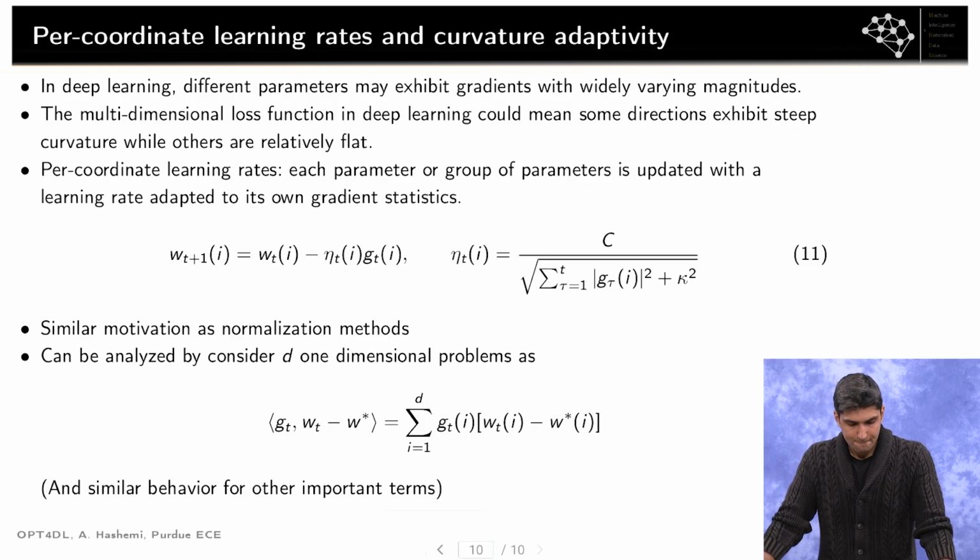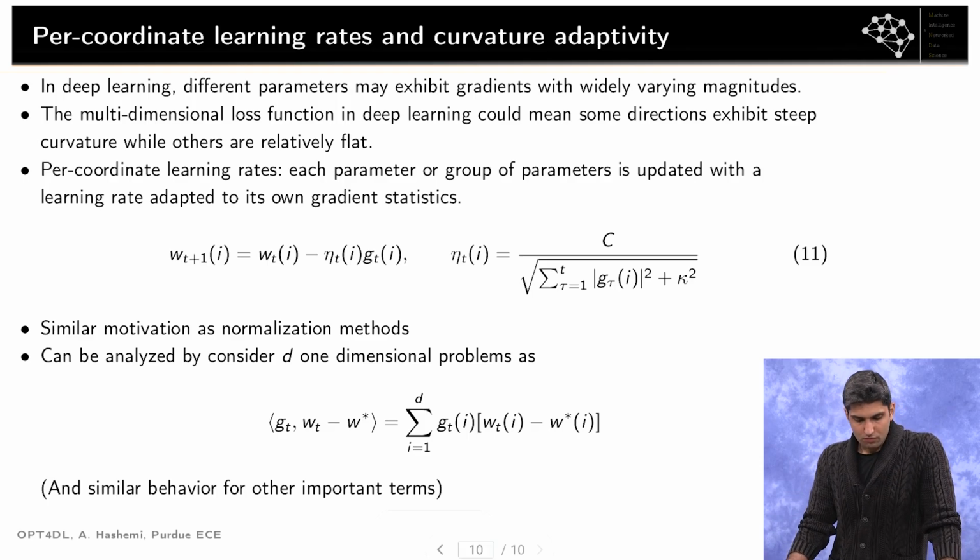space. Okay. So what we have observed is that naturally, different parameters exhibit gradients with widely varying magnitudes. For instance, maybe parameters in layer 1 evolve faster than parameters in layer L, maybe the last layer, because they have a larger magnitude, or vice versa.